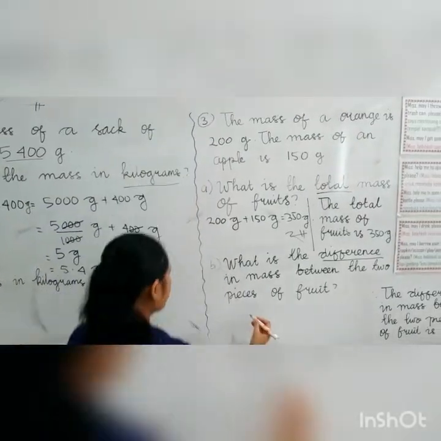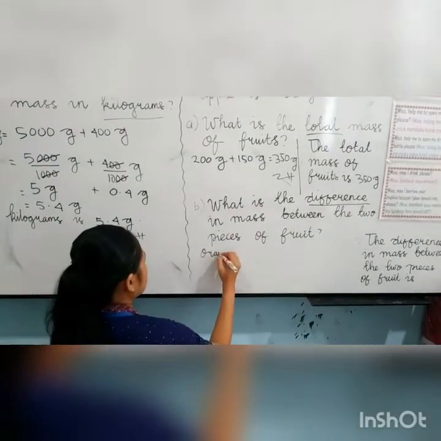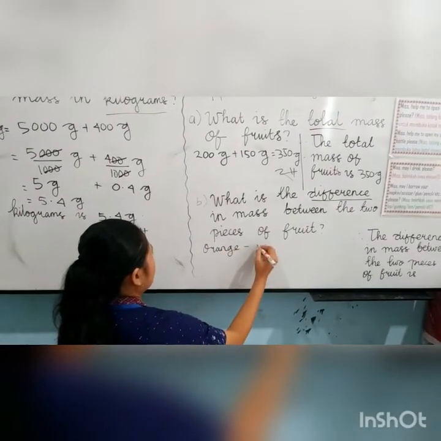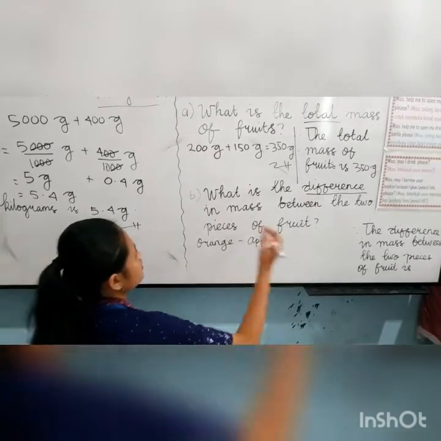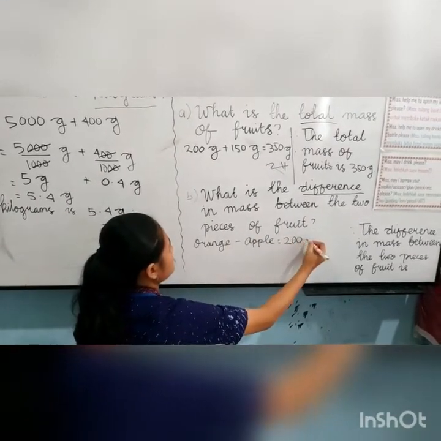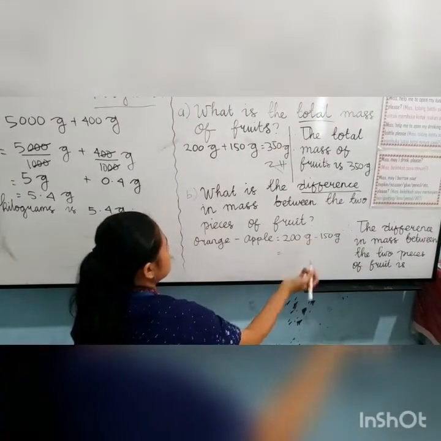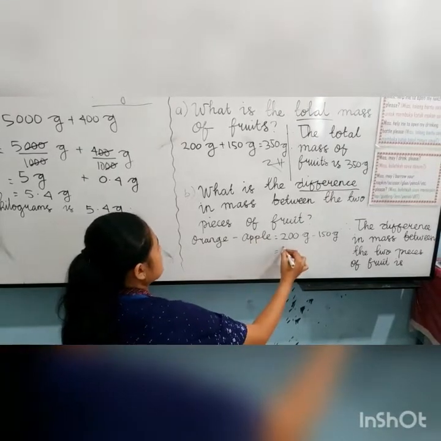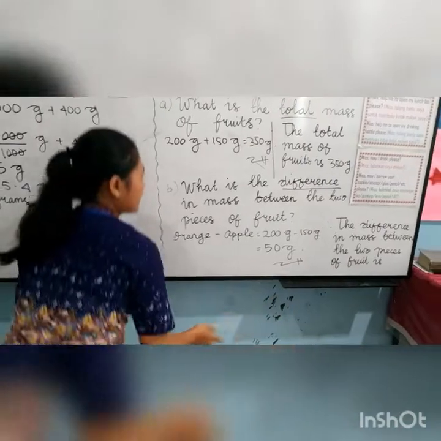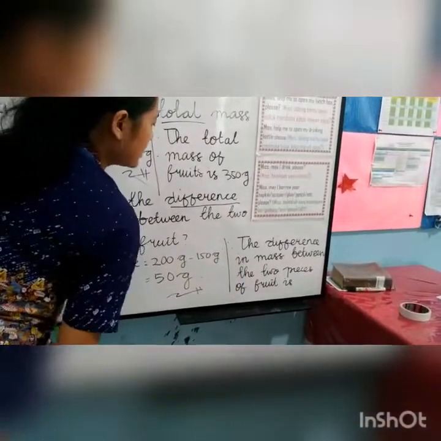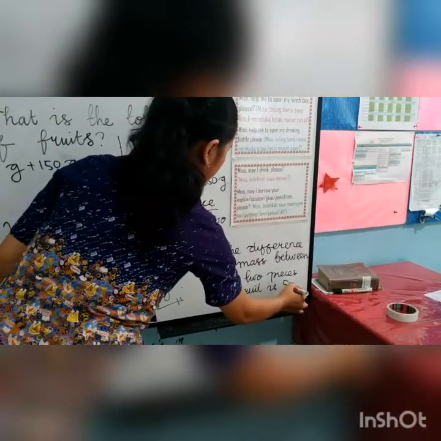So we can write like this: orange minus apple. So it's equal to 200 grams minus 150 grams. So the answer is 50 grams. And the conclusion is the difference in mass between the two pieces of fruit is 50 grams.